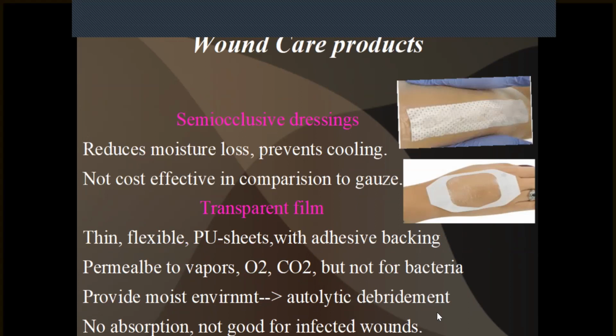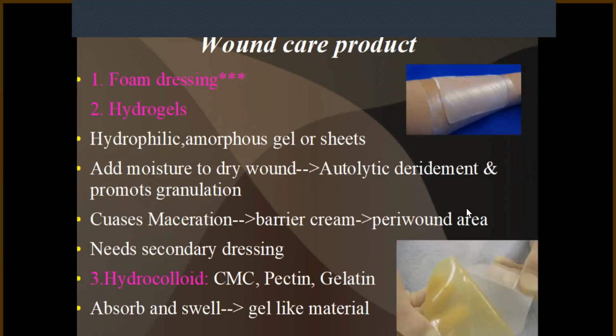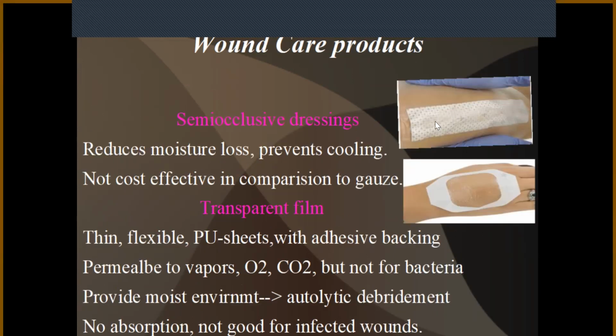Then the semi-occlusive dressing, it is nothing but G-dress. It reduces the moisture loss, means theoretically it is comparatively better than the gauze and prevents the cooling. It is not cost effective in comparison to the gauze because it definitely reduces the frequency of dressing change, but still its cost is comparatively very high when we compare it with the gauze.